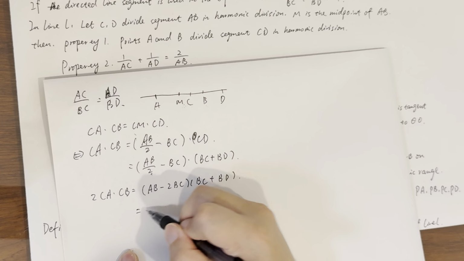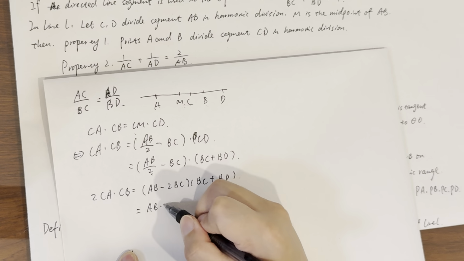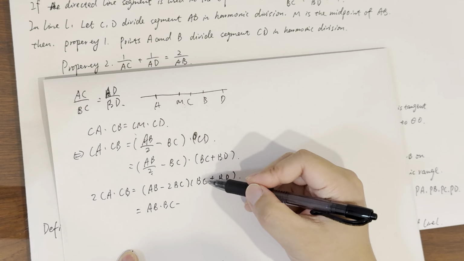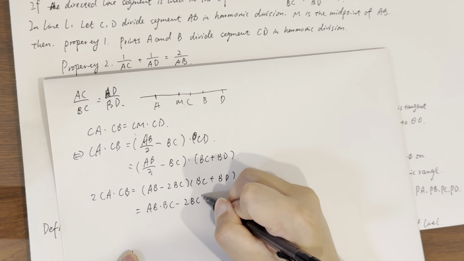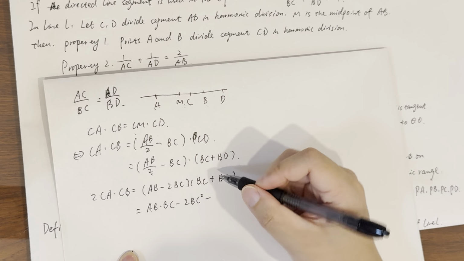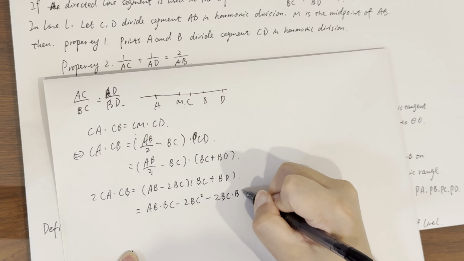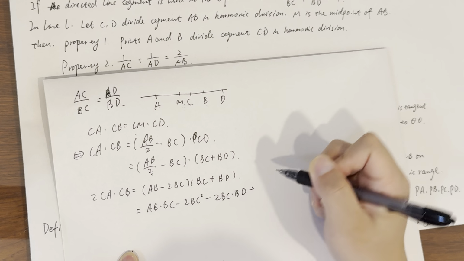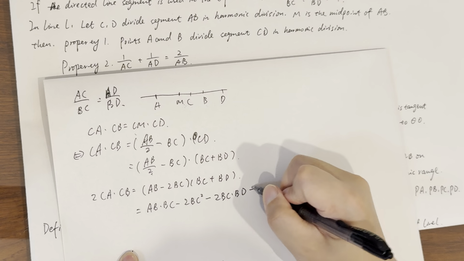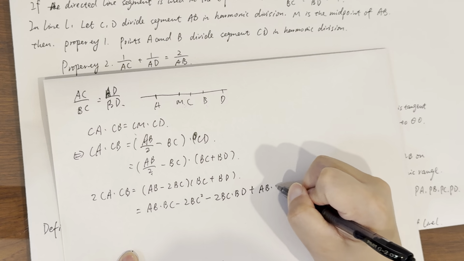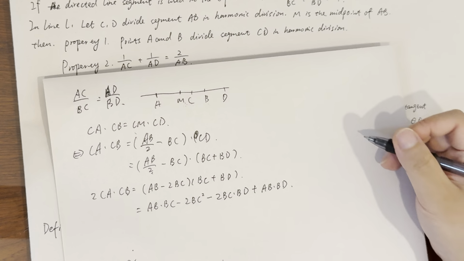So we have AB times BC minus 2BC squared minus 2BC times BD plus AB times BD, right?